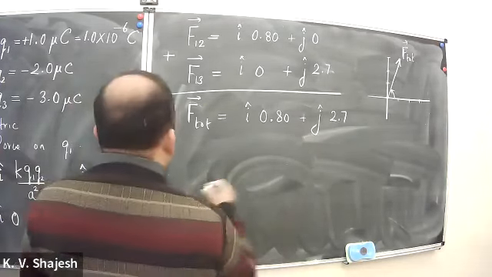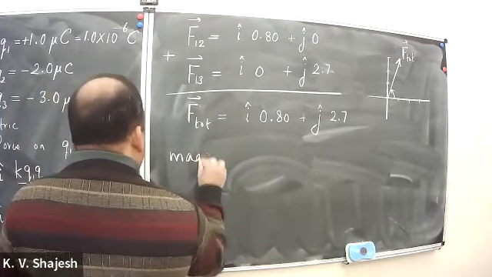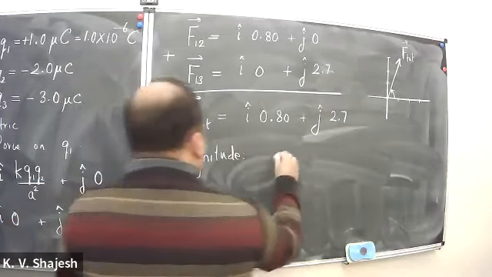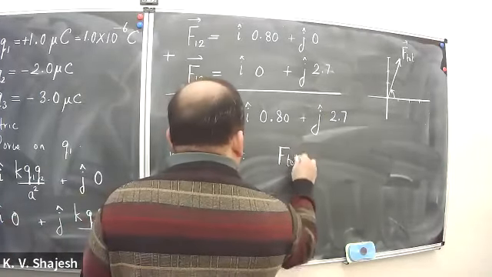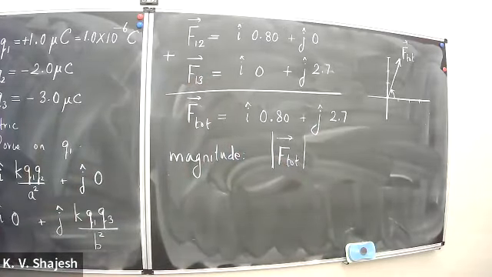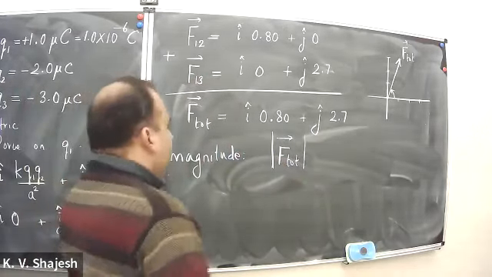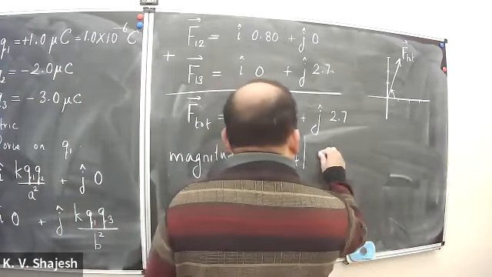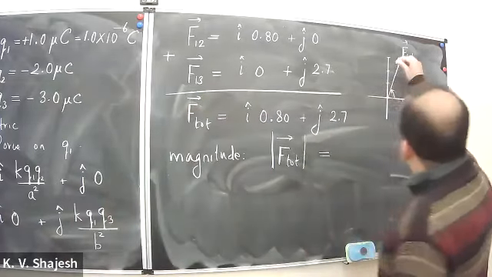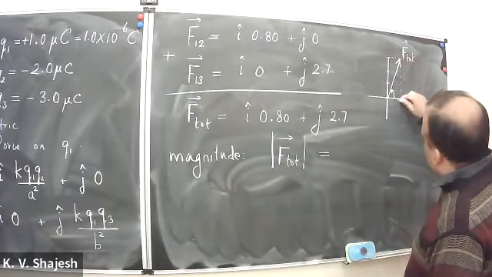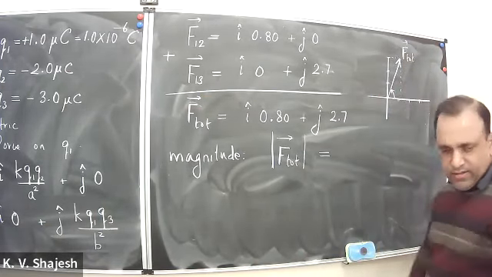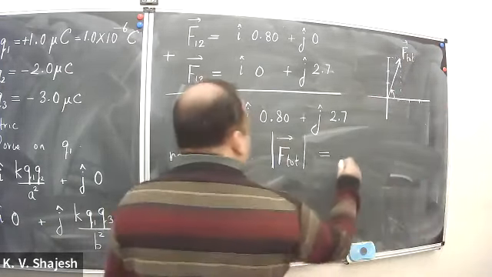So what is the magnitude? Magnitude is of F total, which is a vector. Magnitude is often represented by 2 lines around the vector force with the vector sign. And this is equal to the square of the X component. So it is basically this length here. You're interested in the hypotenuse, so square this and take a square root. That's what we are doing.